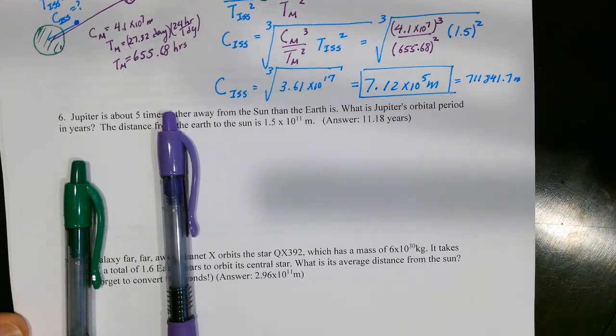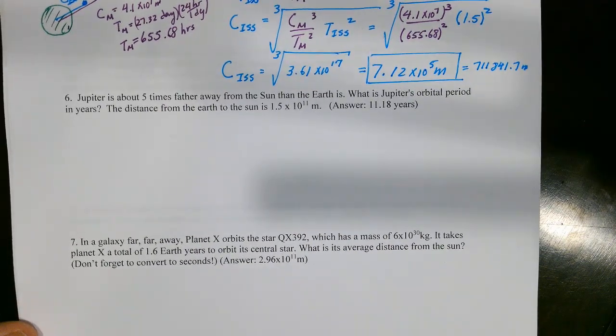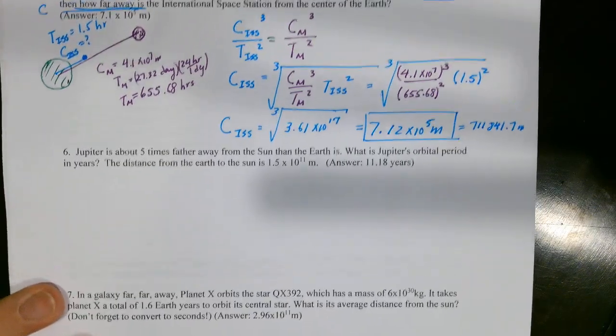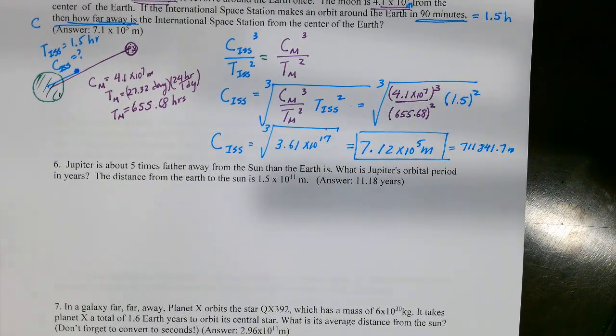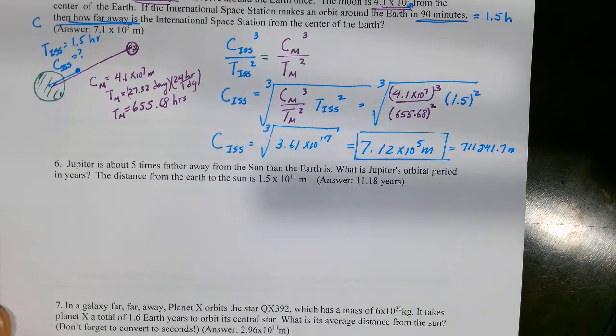Next, Jupiter is about 5 times farther away from the sun than the Earth. What is Jupiter's orbital period in years? Now, this feels like they didn't give us too much.